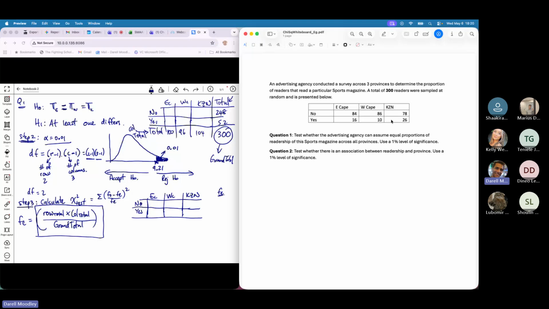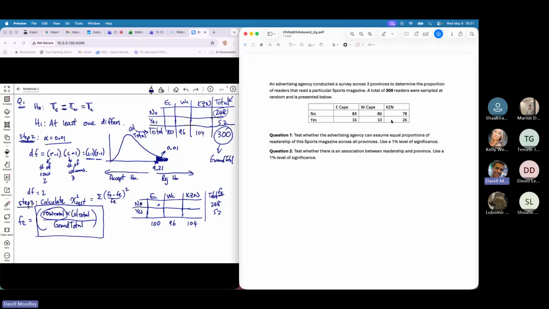Let's look at the first value. I'm going to populate this value here, for no and Eastern Cape. In this position in the table, the row total is 248. Remember, 248 and 52, and the column totals are 100, 96, and 104.